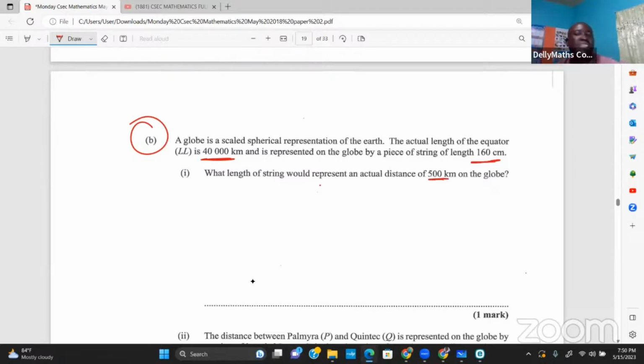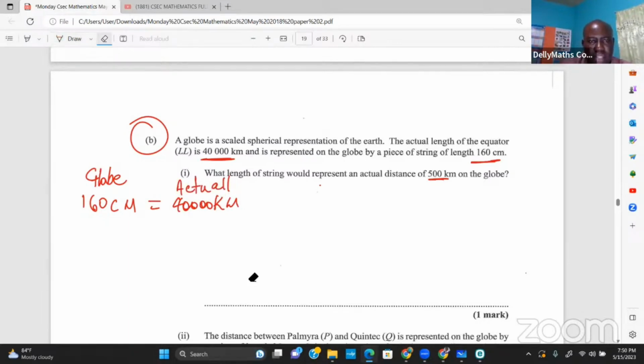I would want to scale this down first, right? I would say 160 centimeters on my globe is equal to 40,000 kilometers actual.